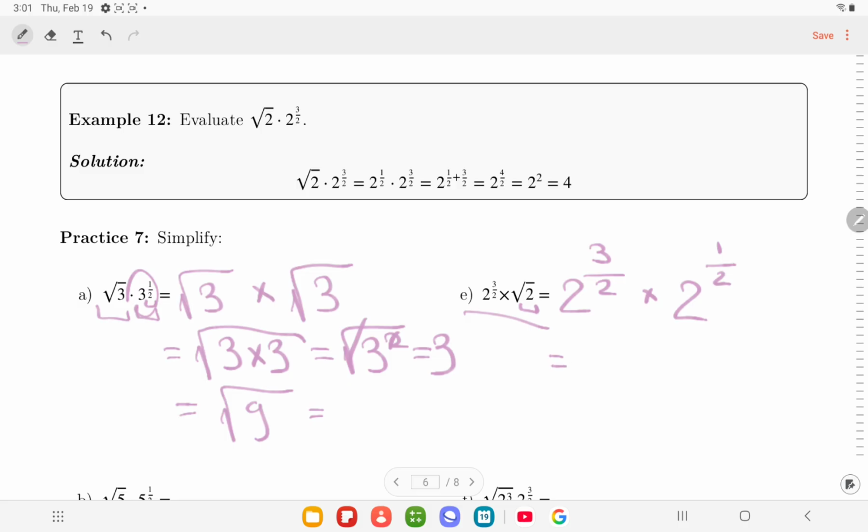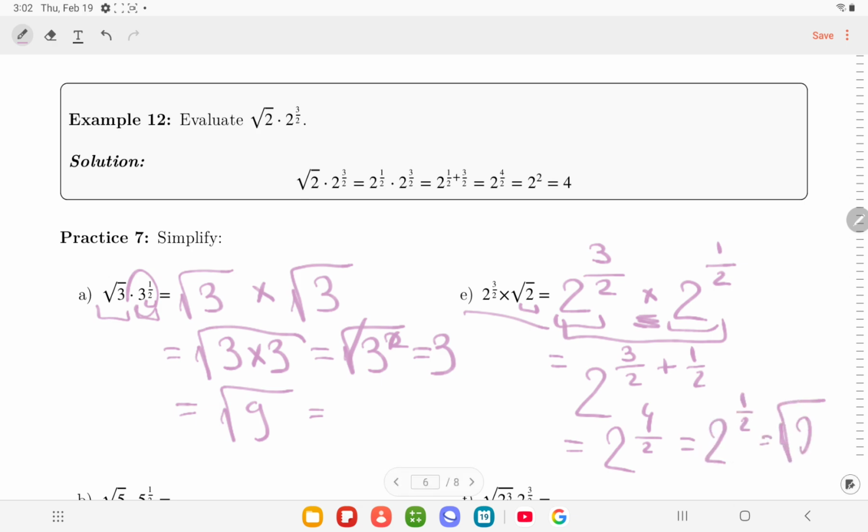And to bring these two together, when you're multiplying two numbers that have the same base, so in this case 2, you can just add the exponents together. So we would end up with 2 to the power of 4 over 2.